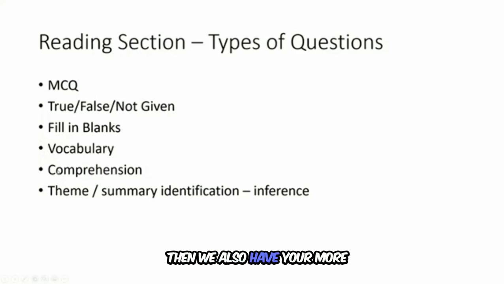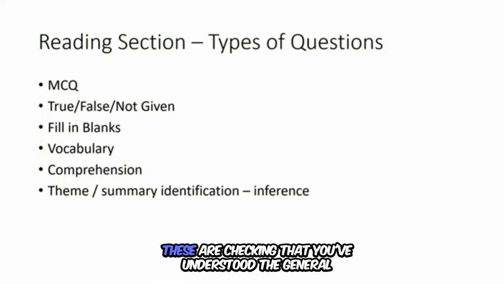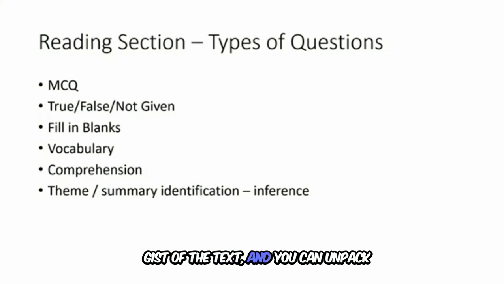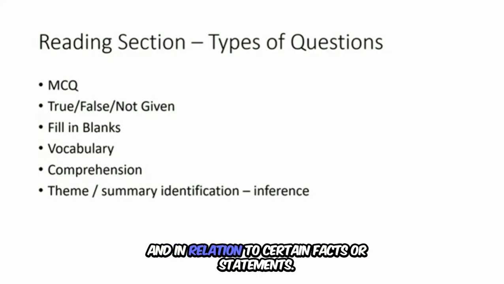Then we also have your more bog standard comprehension style questions. These are checking that you've understood the general gist of the text and you can unpack what the author's opinions are in certain paragraphs and in relation to certain facts or statements.